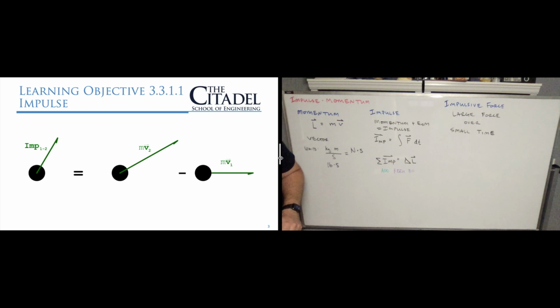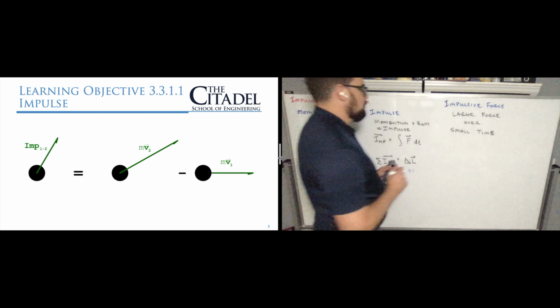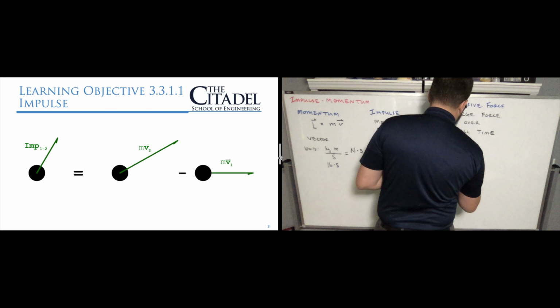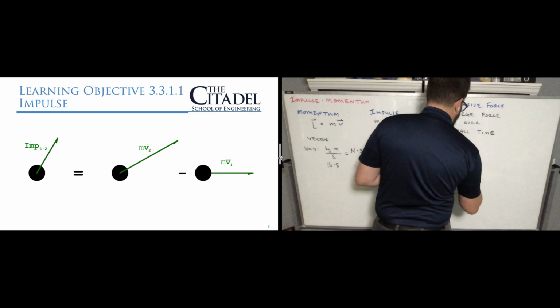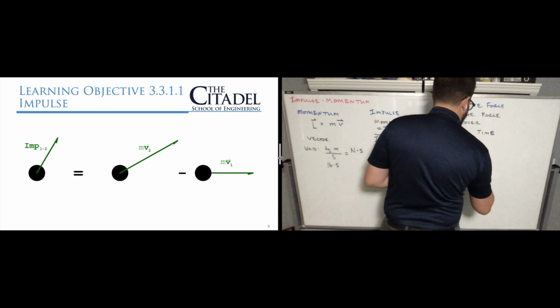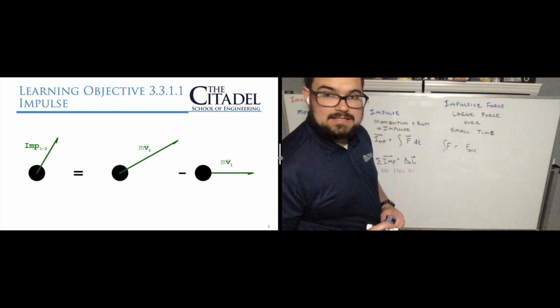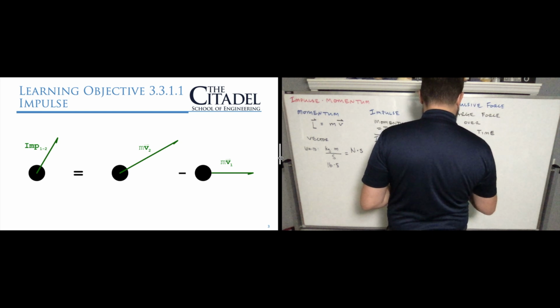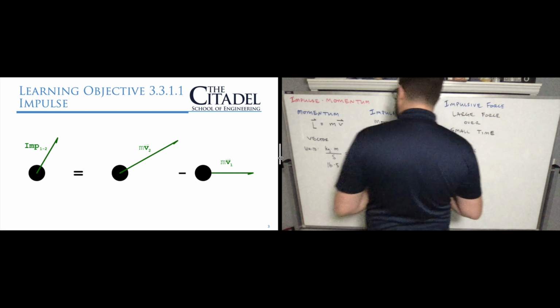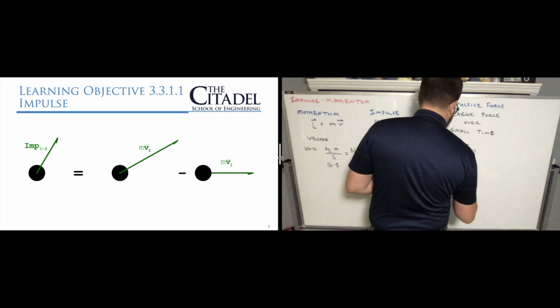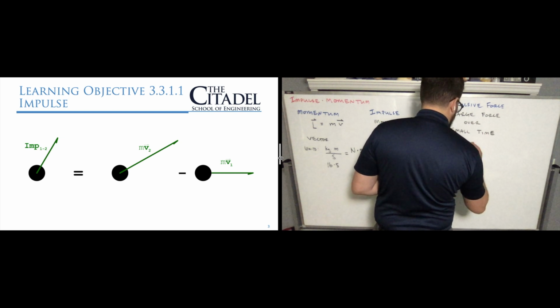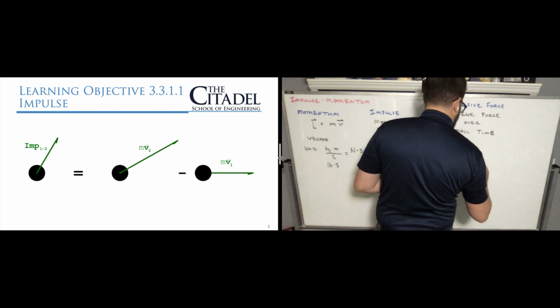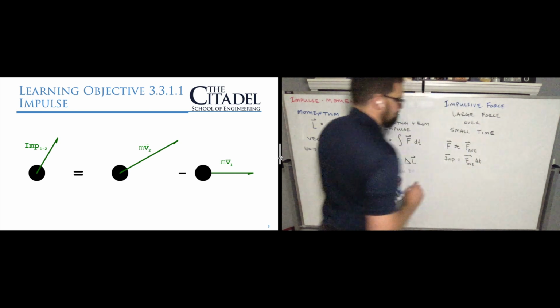And so if this is true, we can assume that the integral of the force is equal to like the average force, that it's a constant, right? And then if it is a constant, then our impulse, we can say, is equal to that average force times the change in time.